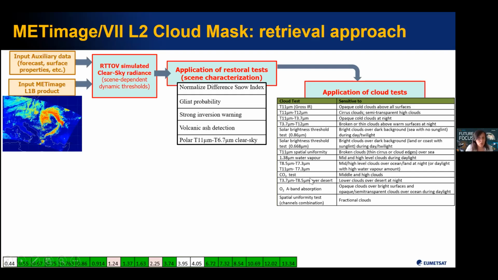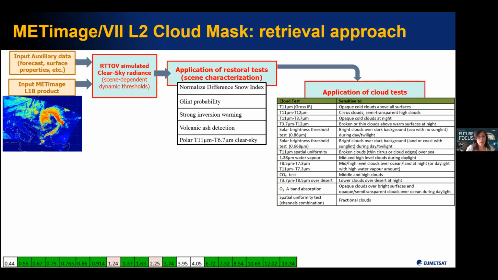But you can also identify specific tests like the O2 A-band absorption test or the 1.38 micron water vapor test, which are specific to EUMETimage, and in the case of the 1.38 also, for example, for FCI, which were not available on previous masks, for example, from AVHRR. And they are supposed to improve the detection of, for example, the cirrus clouds.